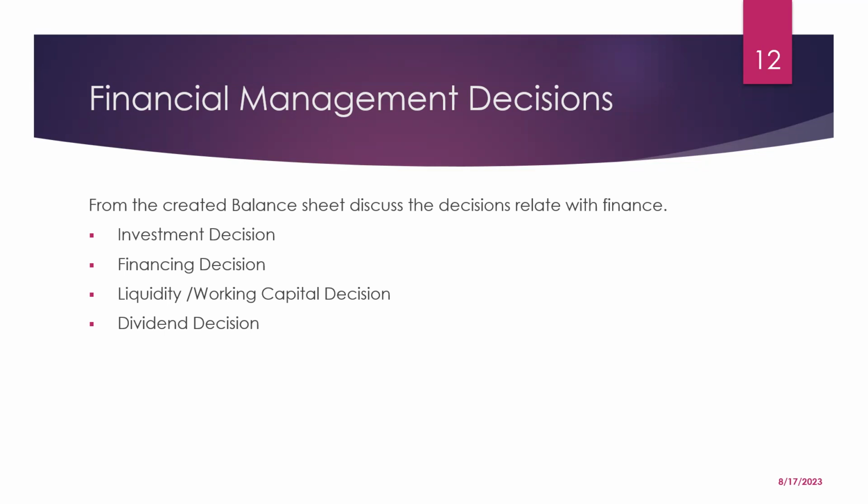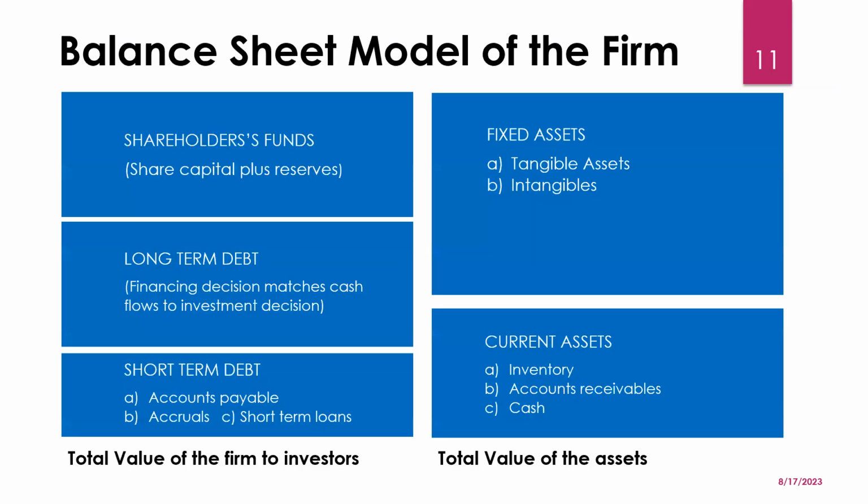So those are the financial management decisions. The types of investment decisions that we are taking can be discussed by using the fixed assets portion, right? This is the investment decision.